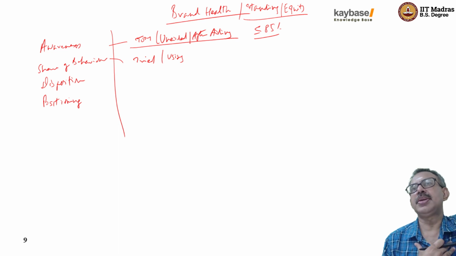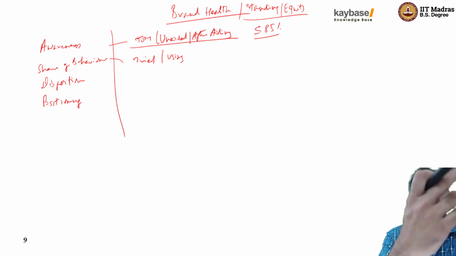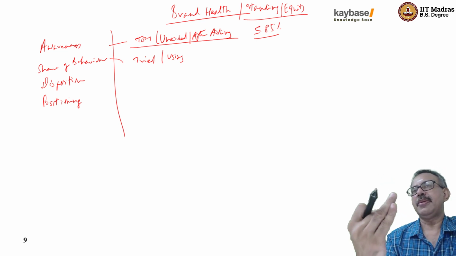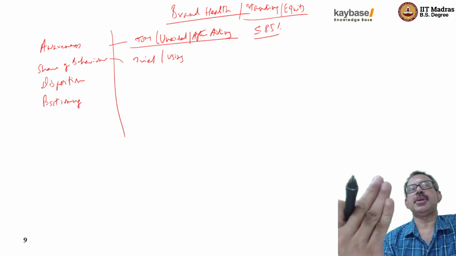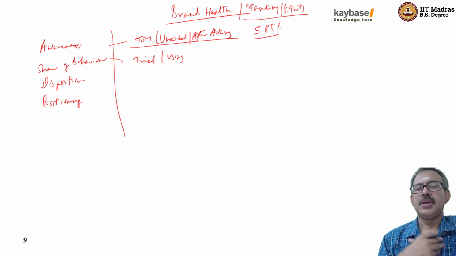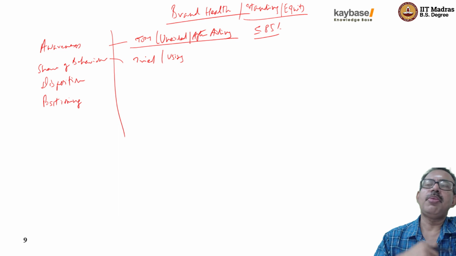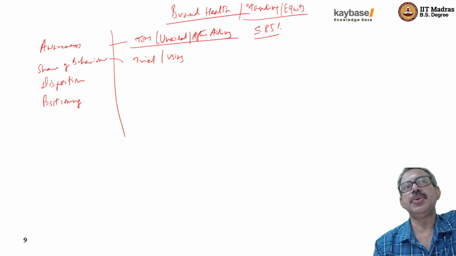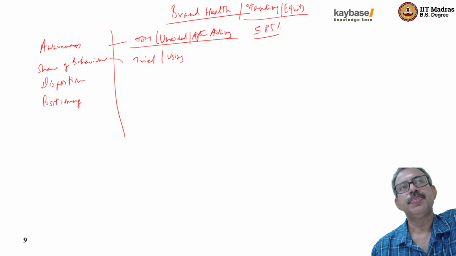I have to market in an effective way to make you first aware of the brand, then to make you think, oh, this is a good brand, and therefore I should try the brand. That's the job of marketing. After you have tried it once, however well I market, however much I advertise, however much of offers I give you, if the product doesn't meet your expectations, you will not buy it again.